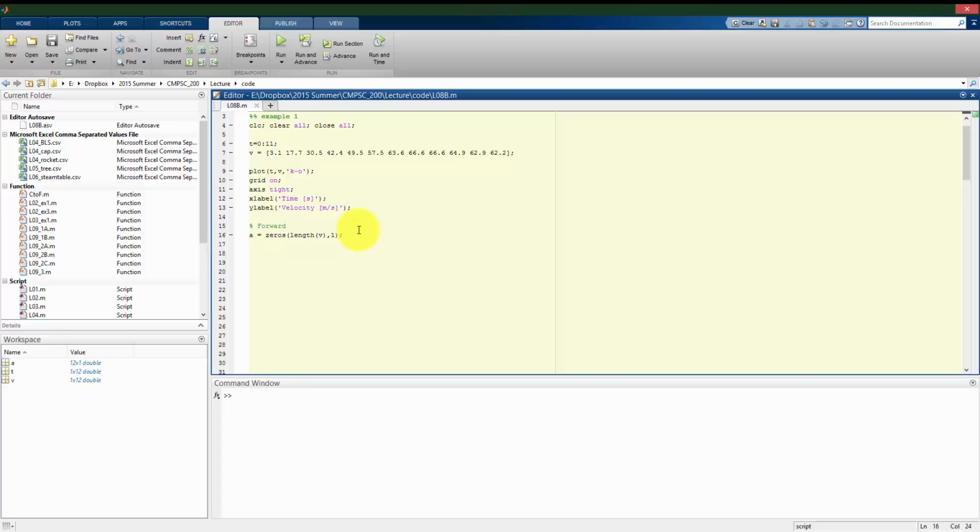So with forward differentiation, with an accuracy 2, if we go back to that table that we saw earlier on slide 8, at accuracy 2, I have to use the kth value, the k plus first value, and the k plus second value to calculate my value of acceleration, or my value of the derivative.